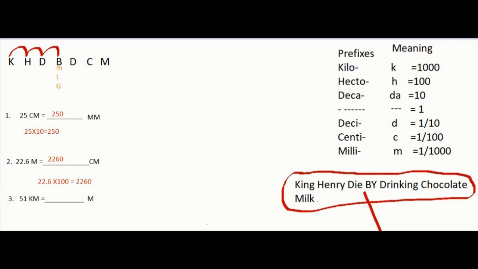So since it is just 3 movements, we are going to multiply by 1,000, right? Or we can just add 3 zeros. So our answer is 51,000 meters. So 51 kilometers equals 51,000 meters. This is our answer.